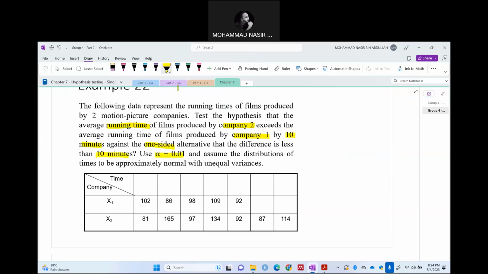Use alpha 0.01, and assume the distribution is approximately normal with unequal variance. In this case, N1 is 5, and N2 is 7.